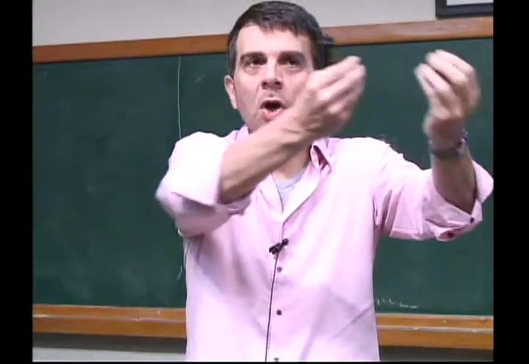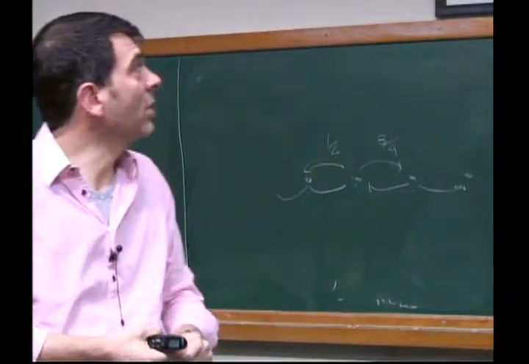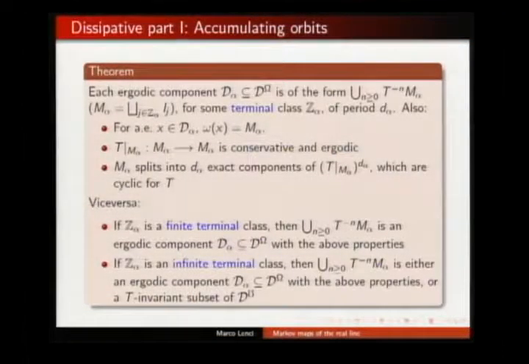Points in there will go to the omega limit set, they're going to stay there in a sense. I don't like to call this an attractor because it's not really an attractor, but think of that. So here you're dissipative because of your past, because you have inessential states in your past, because there are points that come to the interesting parts of the phase space without ever going back.